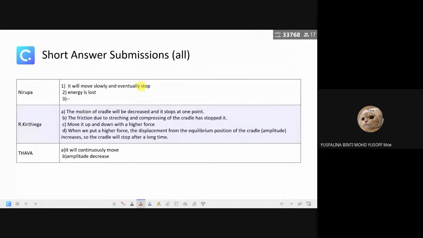You move slowly, and no amplitude, energy is lost, the motion decreases, friction, moving with higher force, displacement increases. So this one you have to say it replaces the energy. It will continuously move, no. The amplitude is decreased. Alright, so that's your answer.